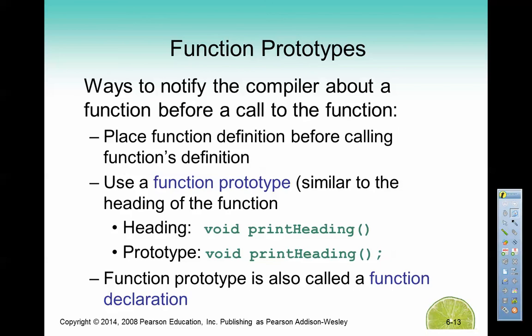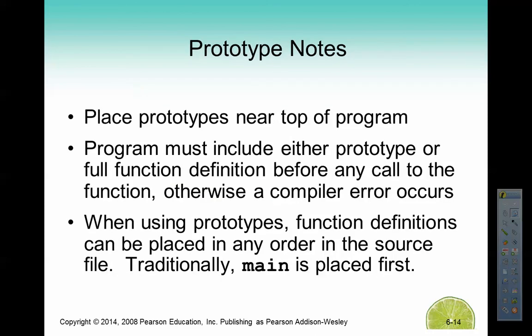So a function prototype is a way to notify the compiler about the function before a call is made. The prototype sometimes is also called a function declaration. Some notes. Place prototypes near the top of the program. They always have to be after the includes.